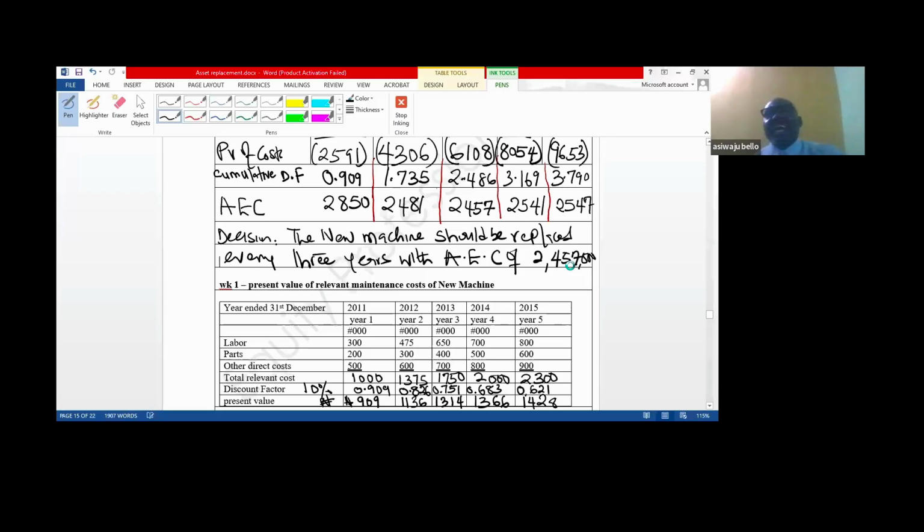You have answered requirement A. Our new machine should be replaced every 3 years with an annual equivalent cost of 2,457,000. You are done with requirement A.